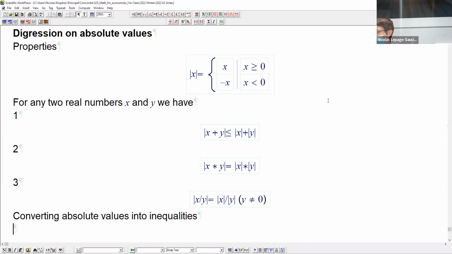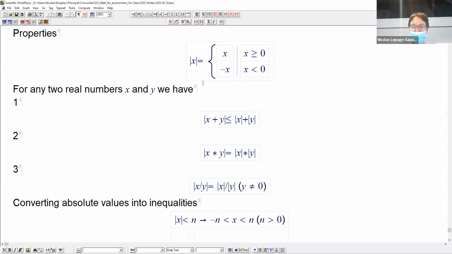If I go back to my definition, I'm going to have that the absolute value of x is smaller than n implies that minus n is smaller than x is smaller than n, for n greater than 0. And just having weak inequalities too.